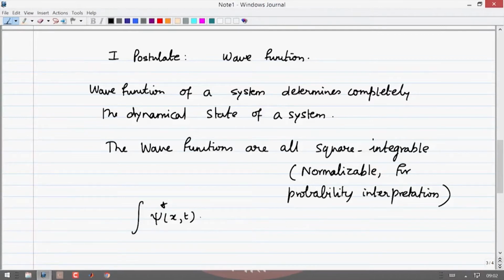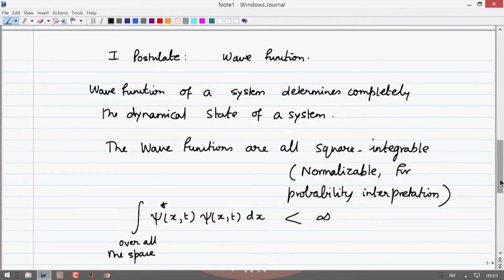Then this integral of psi star of x and t, psi of x and t, dx over all the space available to the system should be finite. This is important in order for the probability interpretation to be meaningful and applicable. The condition is that the square of the wave function, here the absolute square, is integrable and gives you a finite value. This is what is called the square integrability property.